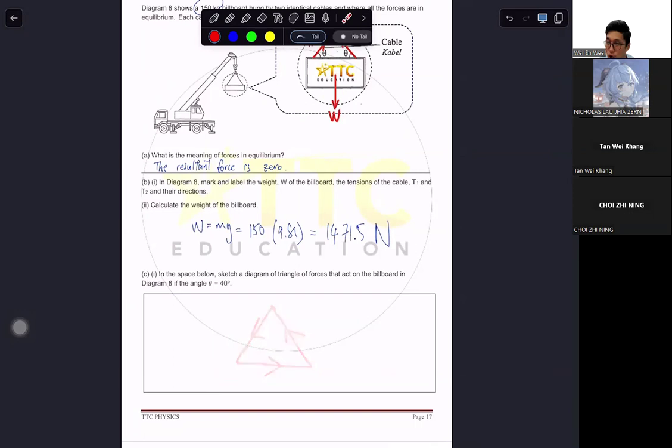If it is not in equilibrium, your arrows will not match each other into a perfect triangle. But if it's in equilibrium, they will match into a perfect triangle.